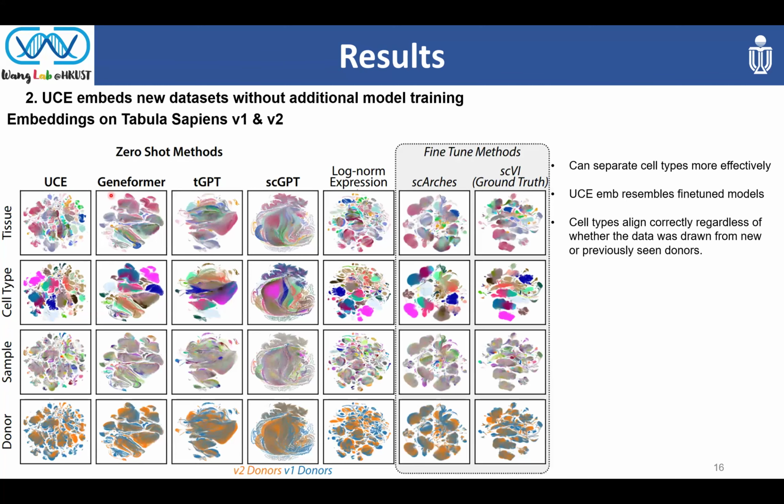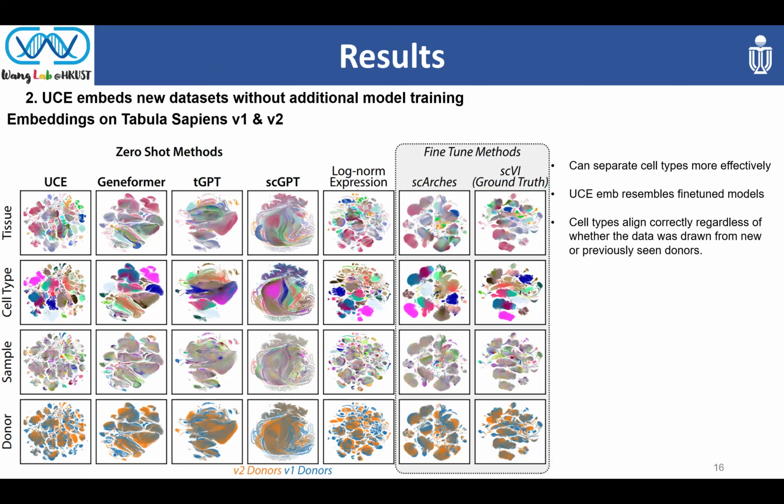And they also generate the embedding on both version 1 and version 2. So this is a larger data set. And this is UCE, Geneformer, tGPT, scGPT, and this is the raw data. These two are the fine-tuned methods. And the first part, we just see this line for cell type.